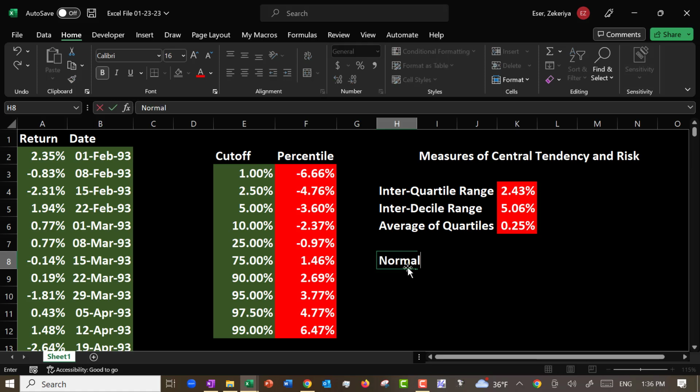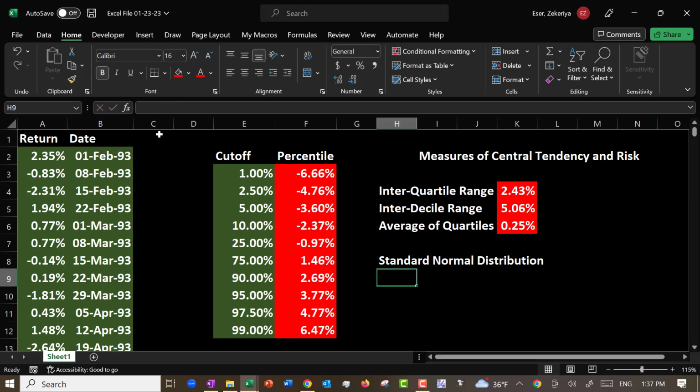How does this compare to normal distribution? This is a distribution where mean is 0 and standard deviation is 1.